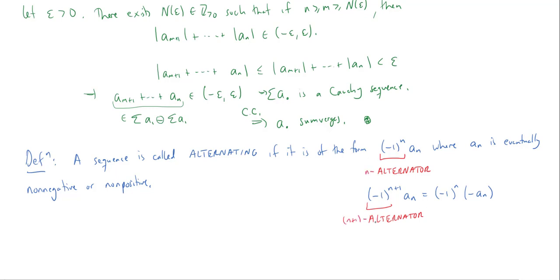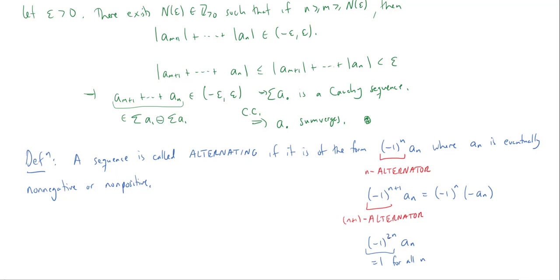And if I need to distinguish out loud, I might call this an n alternator and this an n plus 1 alternator. What you don't want to get into is something like negative 1 to the 2n times a_n, and you say, hey, look, I have a 2n alternator. But this is problematic because negative 1 to the 2n is always equal to 1. Does not matter what the n is, because you could view this as taking negative 1 and squaring it and then raising it to the nth power.